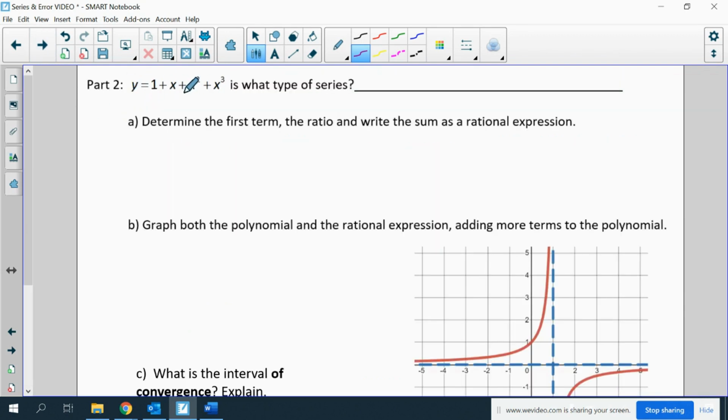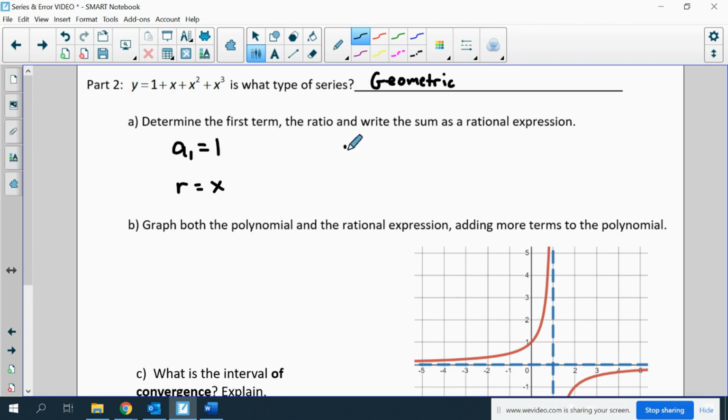So now let's take a look at a similar series, except now we're replacing things with variables. So once again, this is a geometric series because we are multiplying repeatedly. So the first term is 1, and it appears that we're multiplying by x every time.